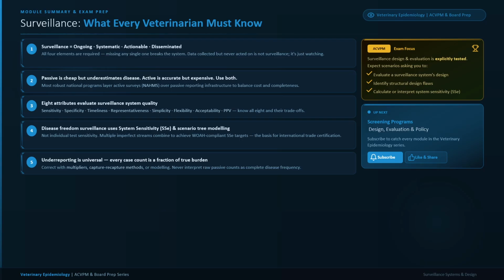Apply the structured design and evaluation framework. When a question asks you to design or evaluate, work through the 6 design questions or 8 CDC attributes systematically. Never offer a general critique. Always tie it to a specific attribute and follow with a specific recommendation.